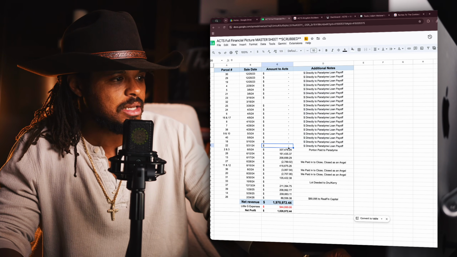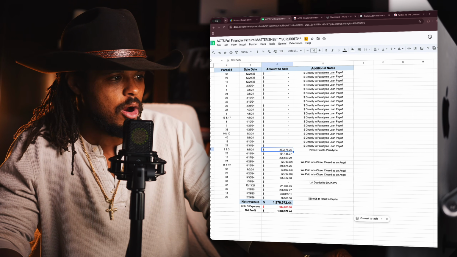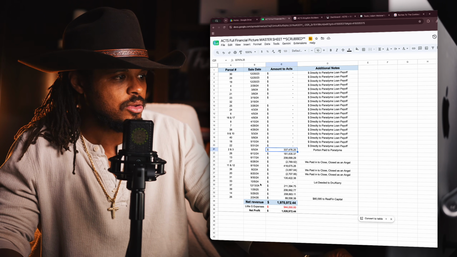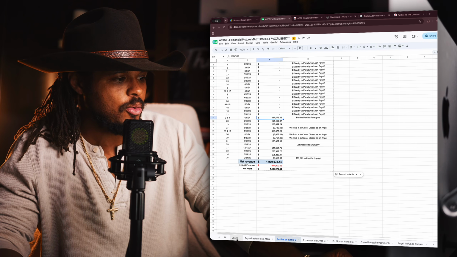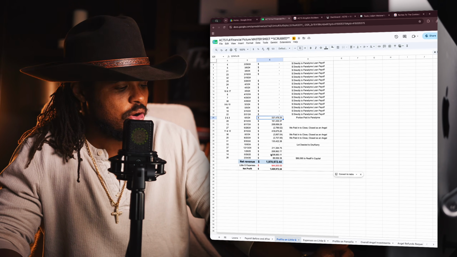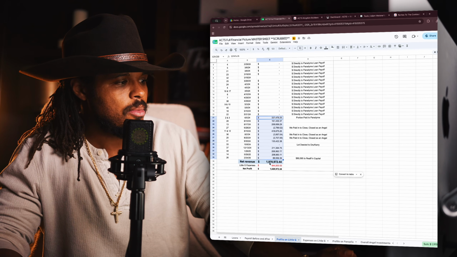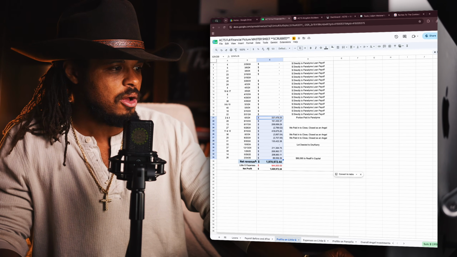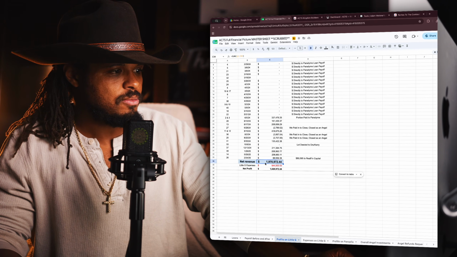We did not make a single dollar on any of these properties until after the loan was fully paid off. We paid off over $4.3 million. From there, we started to earn an actual profit from the properties that we got to sell, leaving us with a net revenue of $1.97 million.